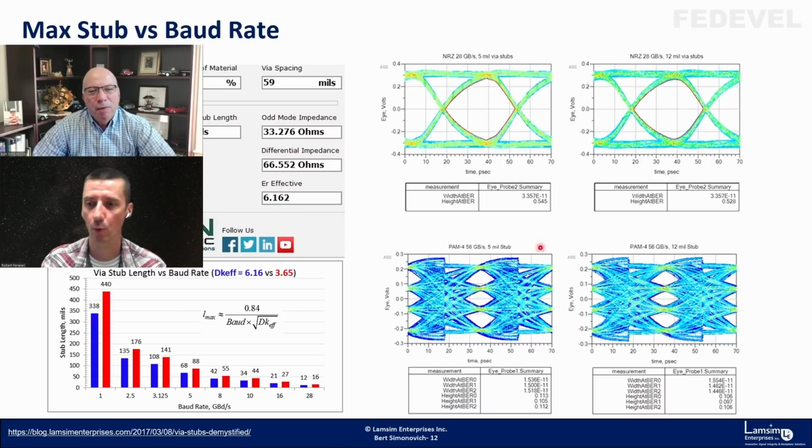And PAM4 is used for anything past 28 gigabaud. PCI Gen 5 is still going to NRZ, so when they go to the next gen, they're going to go to PAM4. That'll be 64 gigabit, PAM4, as I understand it.